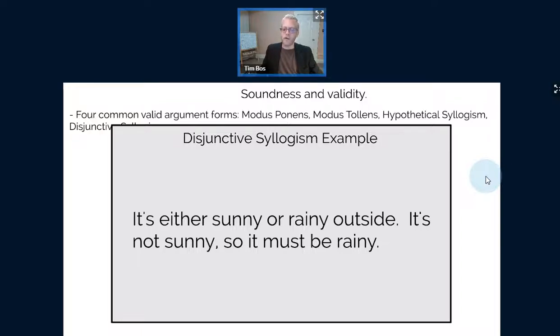So if the world were such that it's either sunny or rainy, nothing else, and it's not sunny, well, then obviously the only other option would be that it's rainy. Right? So whenever a statement says either this or this, and then some other statement says, well, it's not this one, then there's just one statement left over. Okay. So if we're assuming the truth of those premises, that it's one of them, but not this one, then of course we're committed to the idea that it's got to be this one. Okay.